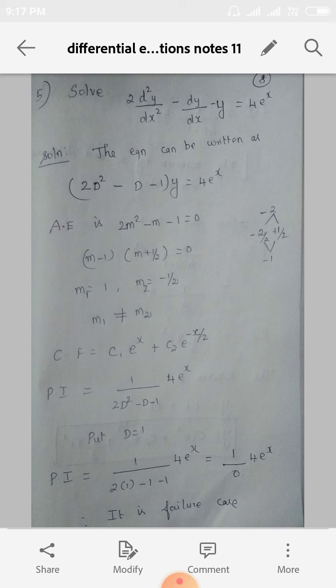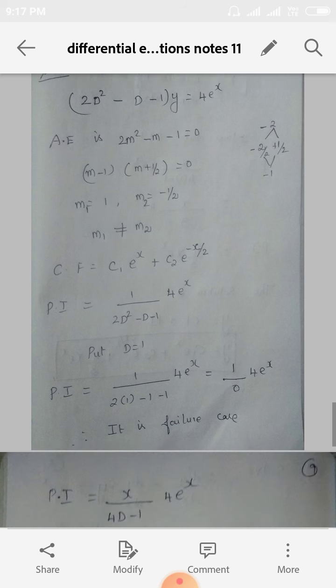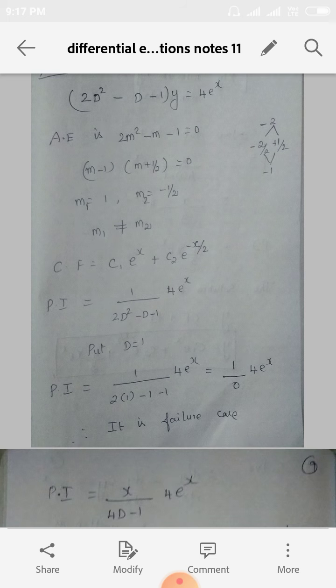First write the auxiliary equation in terms of m, that is 2m square minus m minus 1 is equal to 0. Find the roots. Here the roots are m1 is equal to 1 and m2 is equal to minus 1 by 2. That is, the roots are real and distinct. So the complementary function is c1 e power x plus c2 e power minus x by 2.